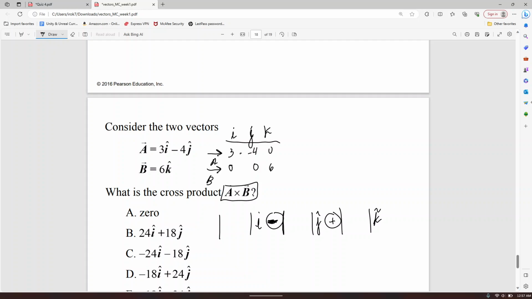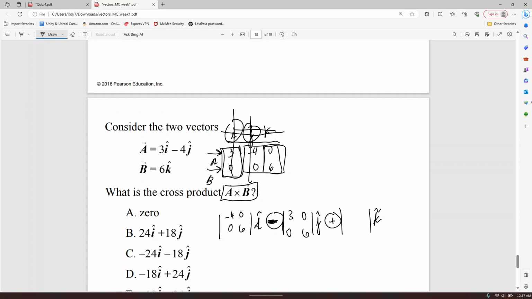What we have to do is take i, because this is i, and we cross it, which means we're looking at this. So you'd get -4, 0, 0, 6. Now you would do the same thing for j, and now we're looking at these data sets. So you get 3, 0, 0, 6.